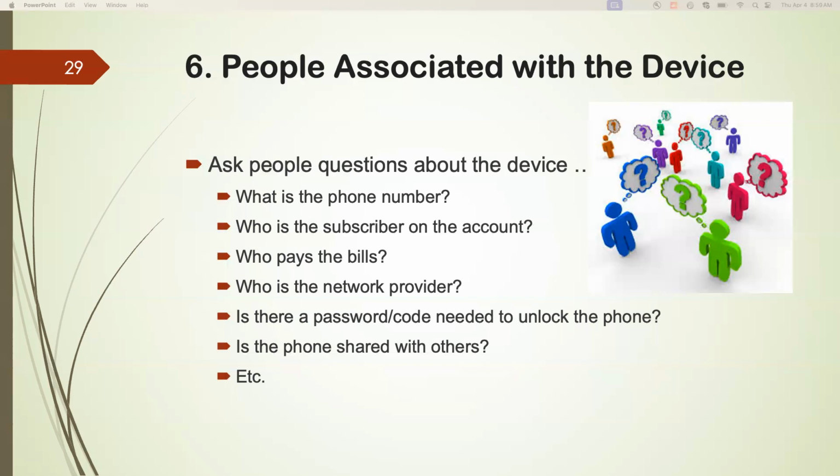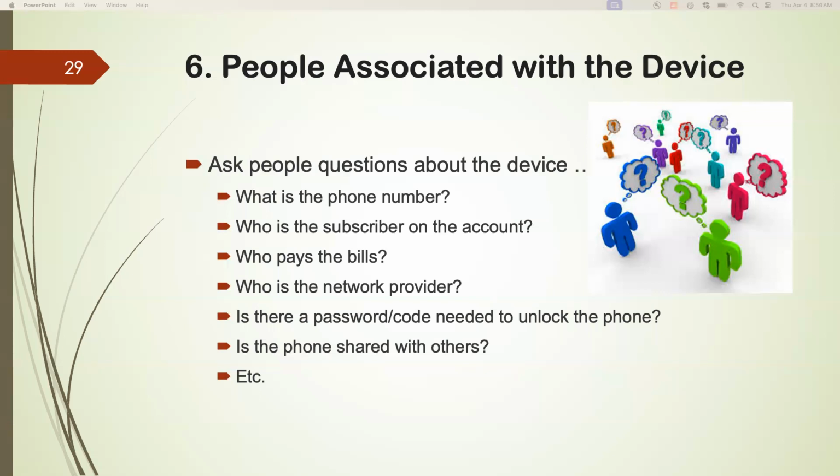Ask questions about passwords or passcodes. Again, we cannot force anybody to give us a password. We can just ask them. If they give it to us willingly, then there is no hindrance or no penalty. If we think about the Fourth Amendment and Fifth Amendment, asking the suspect about the password doesn't violate any of those amendments.